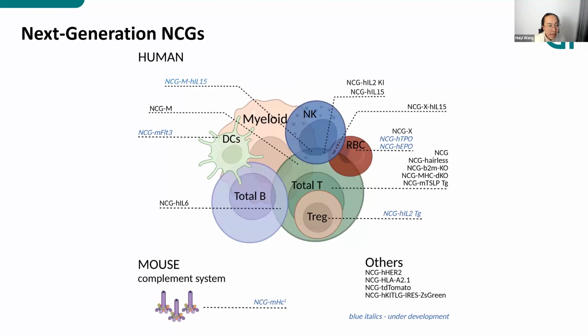And this is the next generation pipeline of NCGs. We have NCG-M-IL15 and NCG-Flt3. NCG-M-IL15 could boost the NK cells, myeloid and T cells to develop, and NCG-Flt3 could help the HSC cells to differentiate into DC cells, and also the NCG-IL2 TG mouse for Treg development, and to help the RBC development in the peripheral blood.